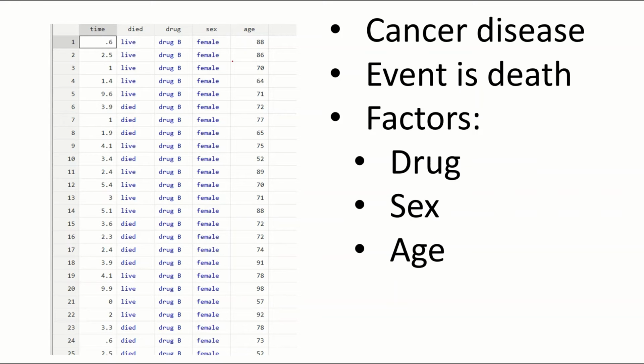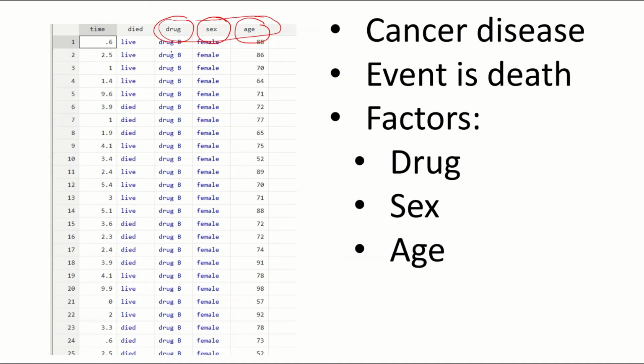And here we have data for a disease which is cancer, and the event is death. And then we have 3 risk factors or 3 predictors: the drug, the sex, and the age. The drug is a categorical variable that has 2 classes, drug A and drug B. The sex or gender is also a binary variable that has 2 levels, males or females. And the age variable is a continuous variable.